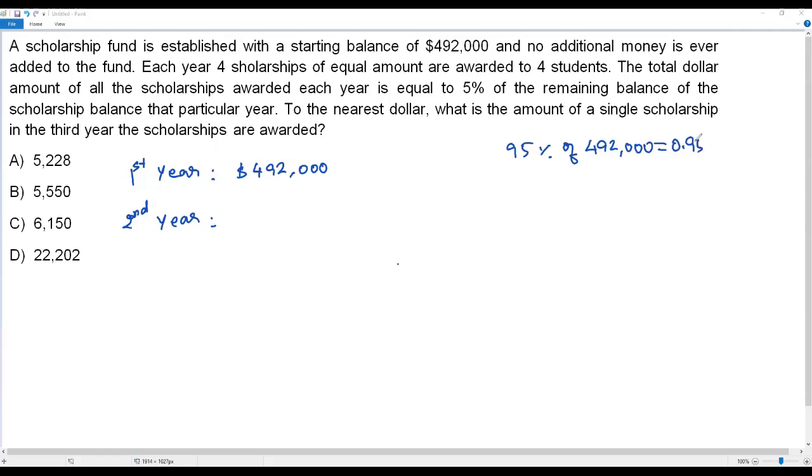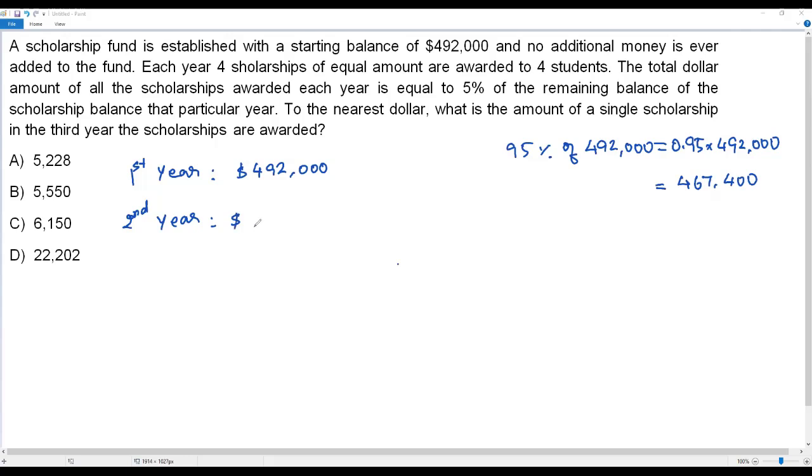That is 0.95 times 492,000. When I multiply these two values, I'm getting $467,400. So after giving 5% of this money to the total of 4 scholarships in the first year, we have $467,400 balance remaining in the scholarship fund in the second year.